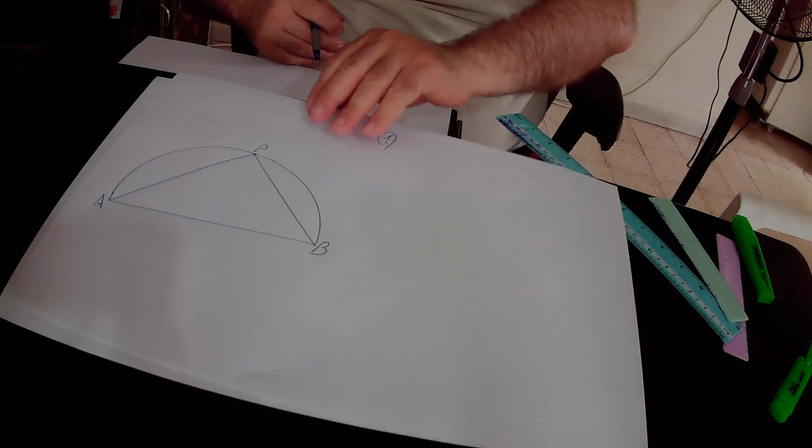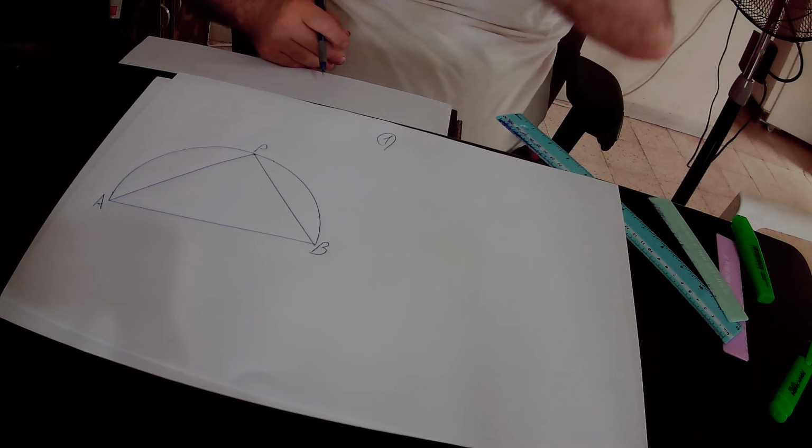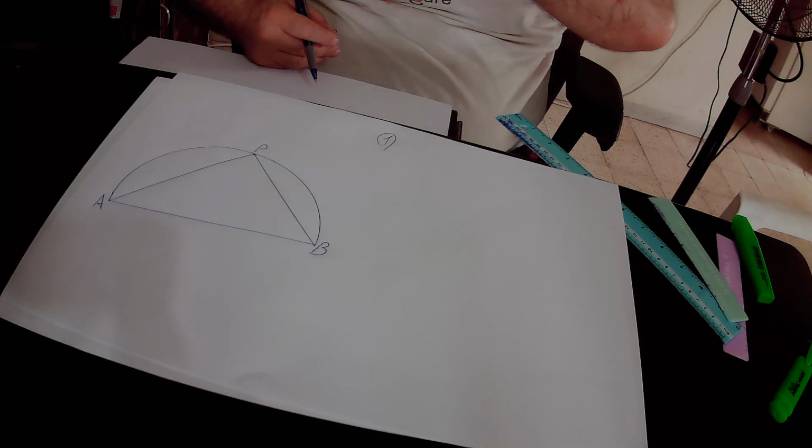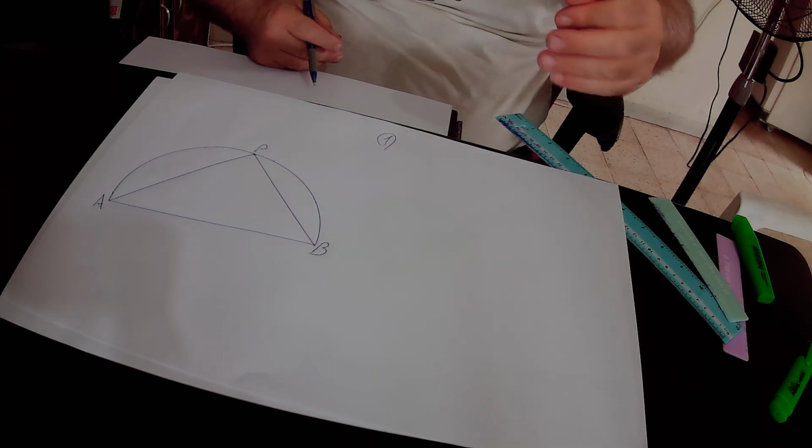Actually, this is the white semicircle from the original drawing. AB is of course the diameter of this white semicircle, so I write it down.